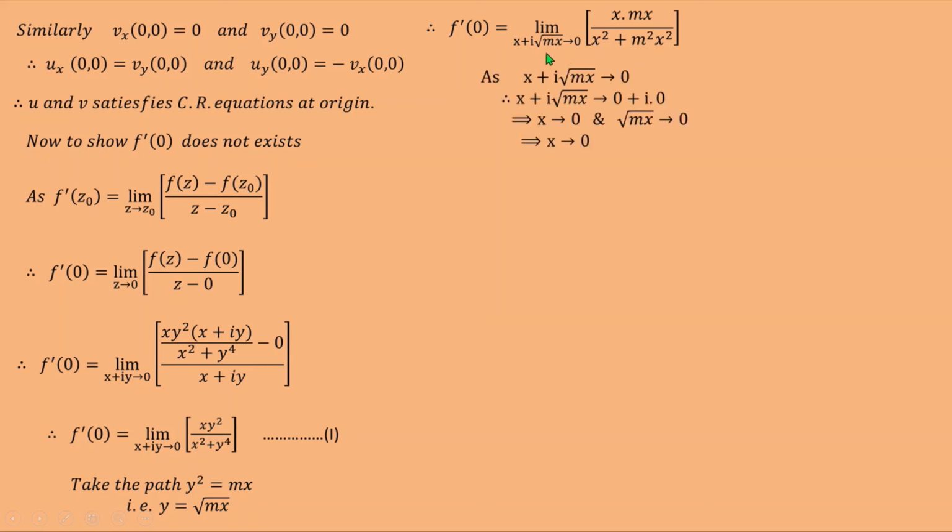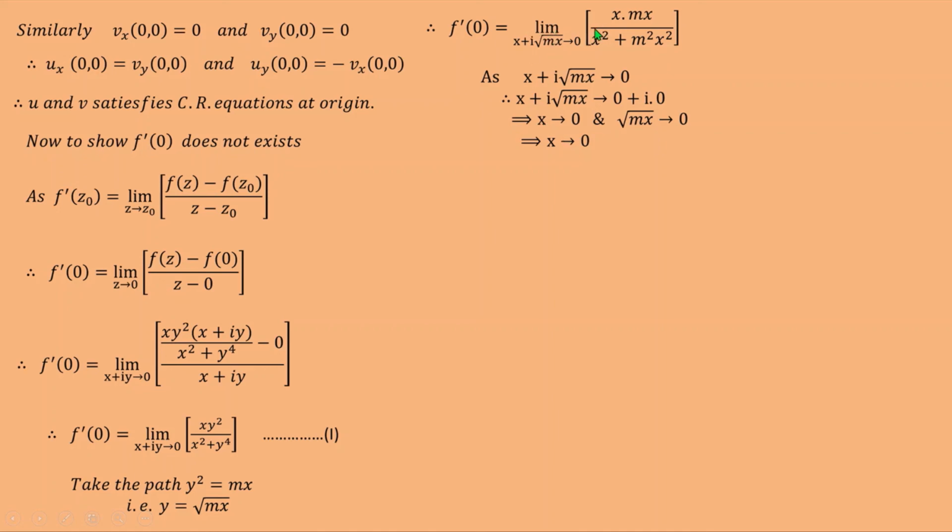You can write this 0 as 0 plus i0, equating real and imaginary parts. So we get x tends to 0 and root of mx tends to 0. And root of mx tends to 0 means x tends to 0. So in both cases we get x tends to 0, so write down only x tends to 0.